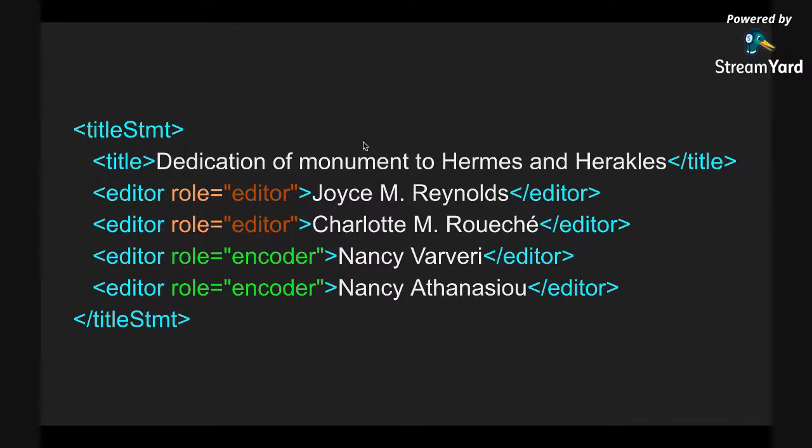But if they appear in the XML file like this, they can also be given identifiers, and individual bits of work that they've done can therefore point to that editor in the way that we saw the translation pointing to Charlotte Ruchet earlier. So that I think is quite an important note, at the very least, to say that they've done some of the encoding. They made decisions.